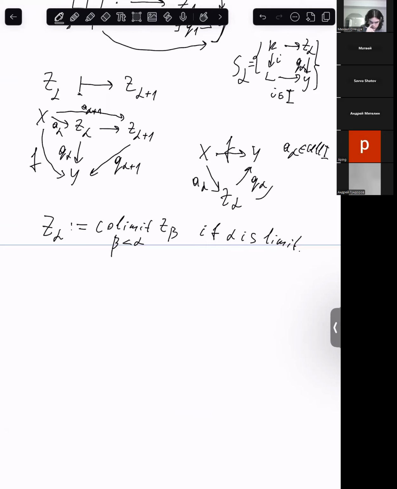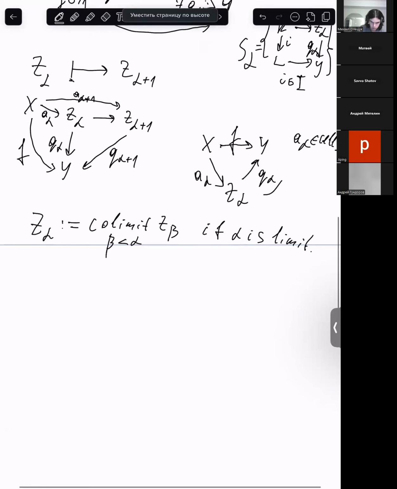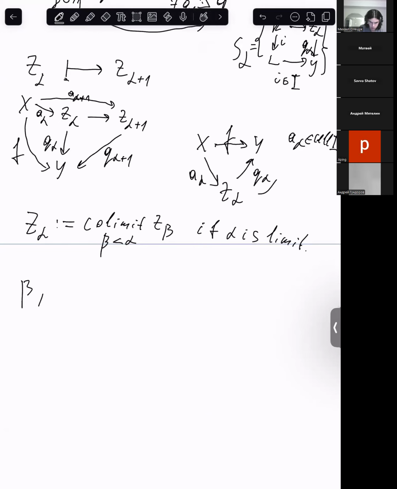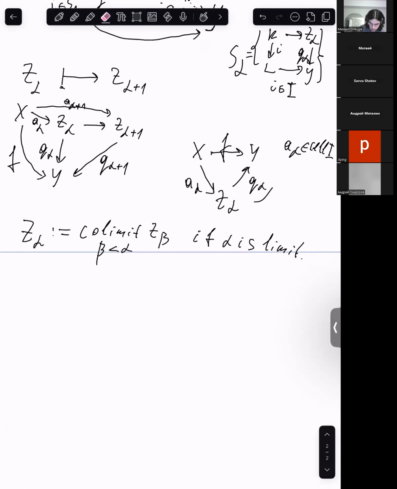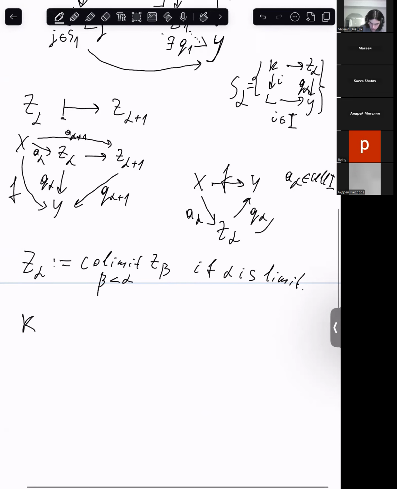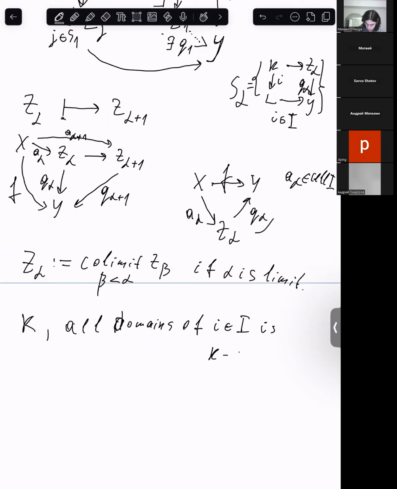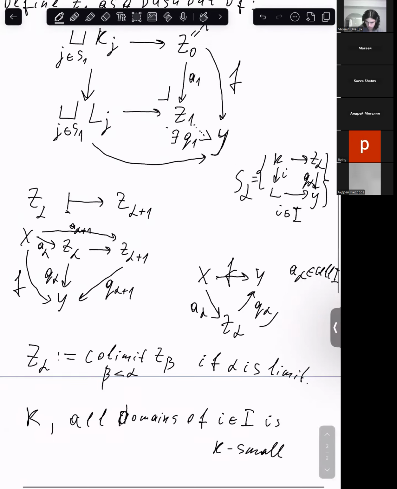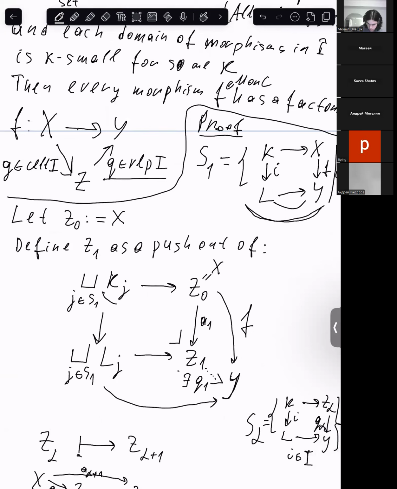We will stop our process at a sufficiently large ordinal beta, such that, say kappa, all domains of arrows in I are kappa small.